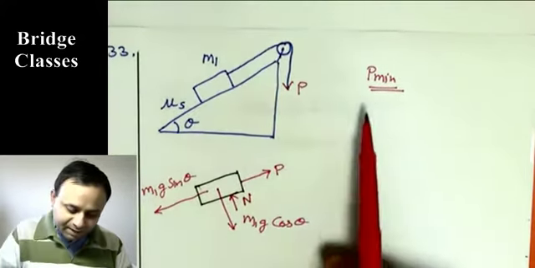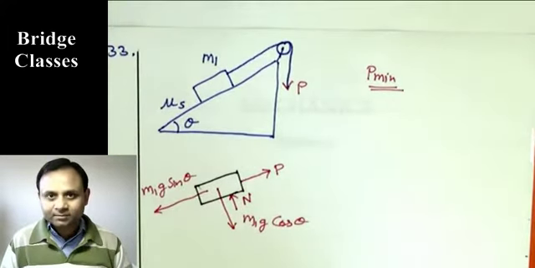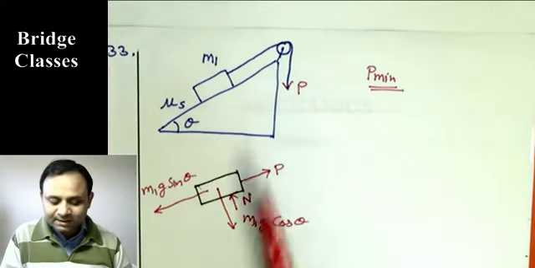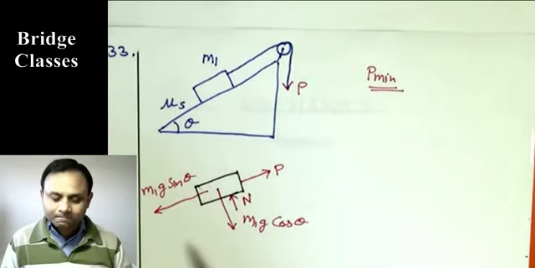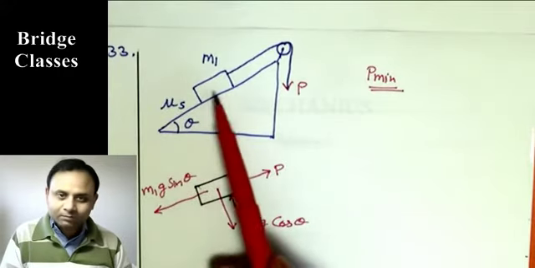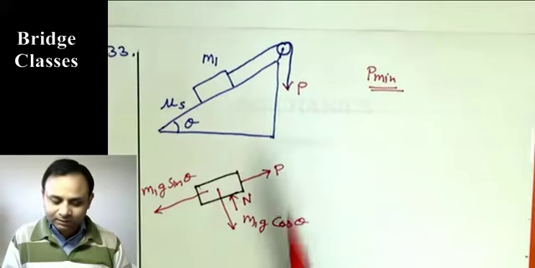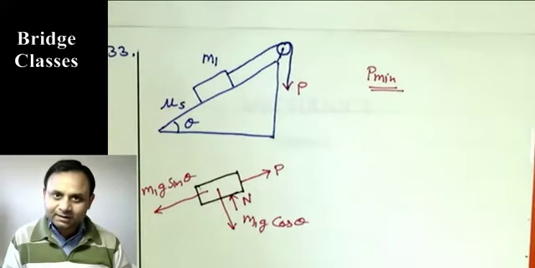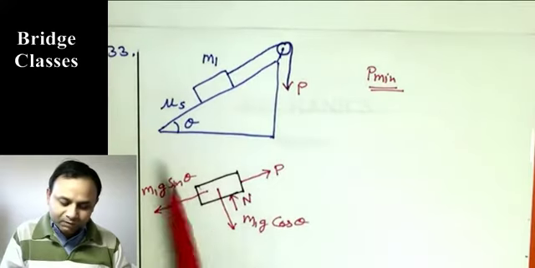The problem says we have to find the minimum P at which we are able to hold it stationary. Now if P is less than that, in which direction will the body move? It will move down, because we are barely holding it with this force P. So if we decrease it slightly, it is going to move downward.